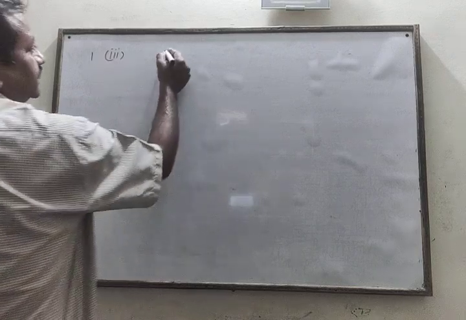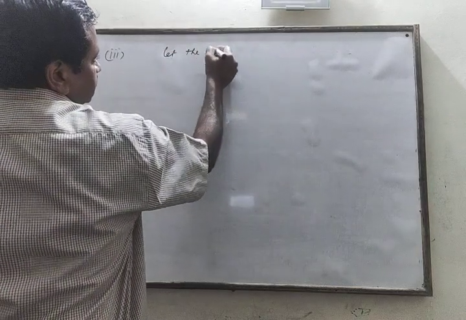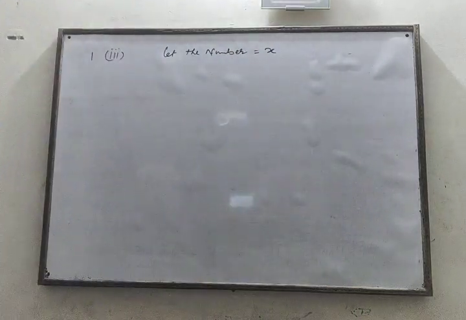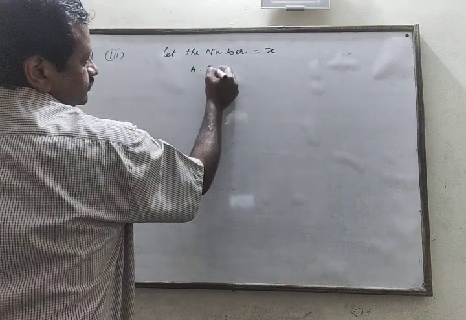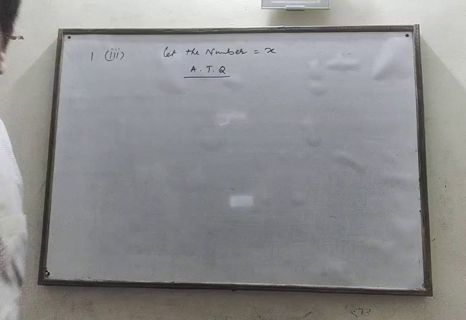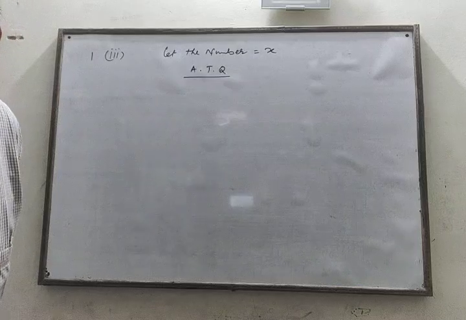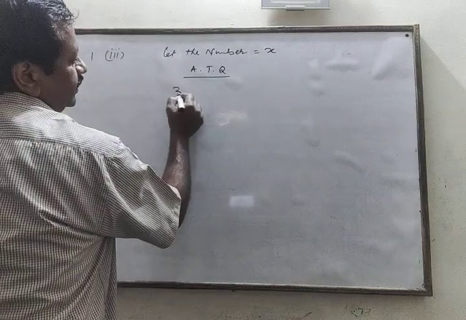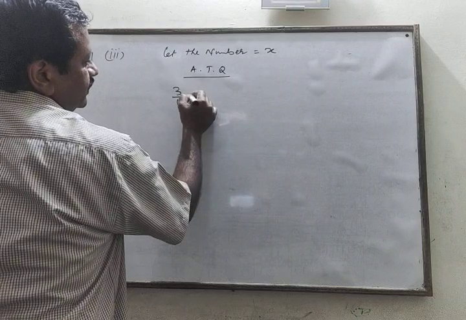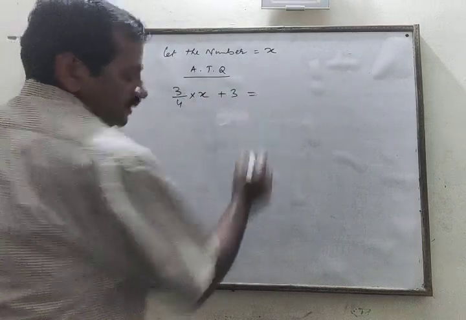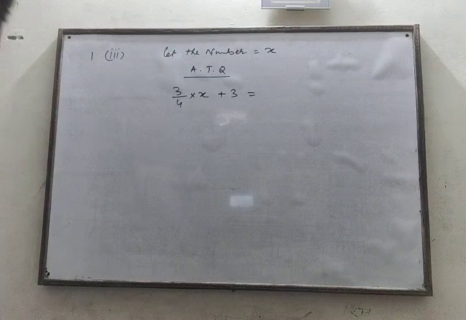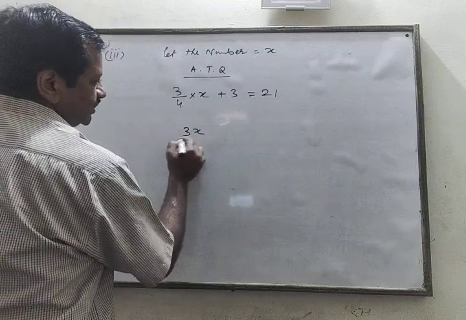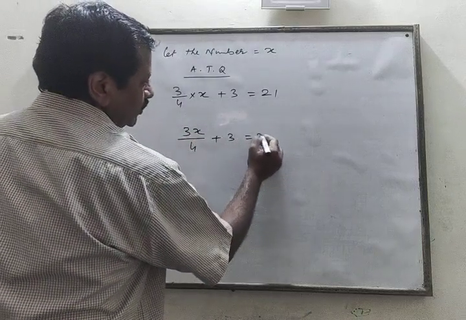Let the number be equal to x. According to the question, three-fourth of a number plus 3 is equal to 21, and we had formed the equation 3x upon 4 plus 3 equal to 21.